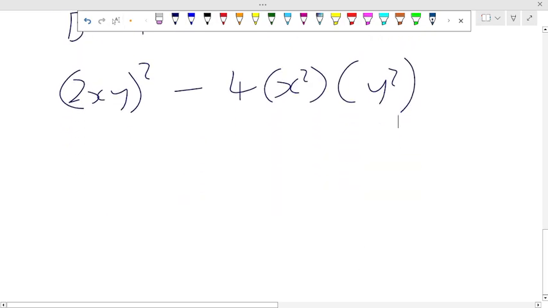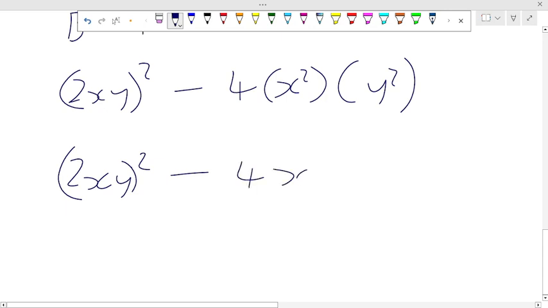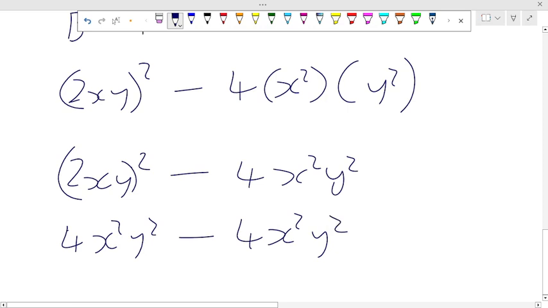When we do this, we get 4x squared y squared minus 4x squared y squared, and of course this leads us to 0.